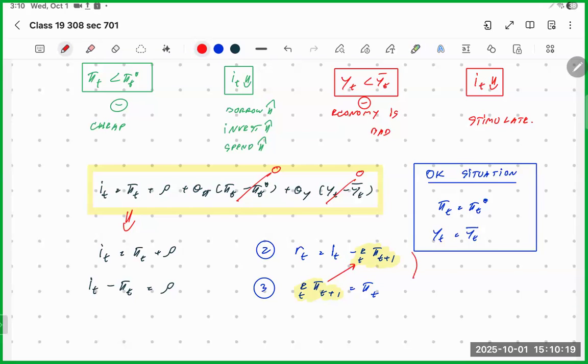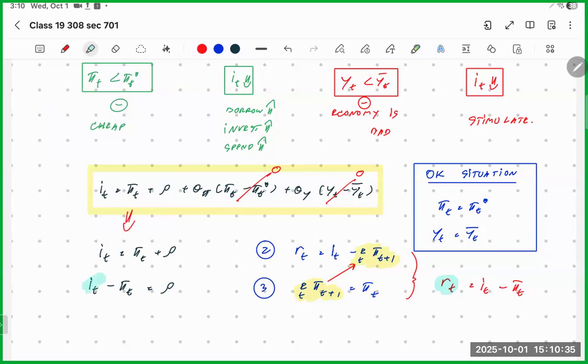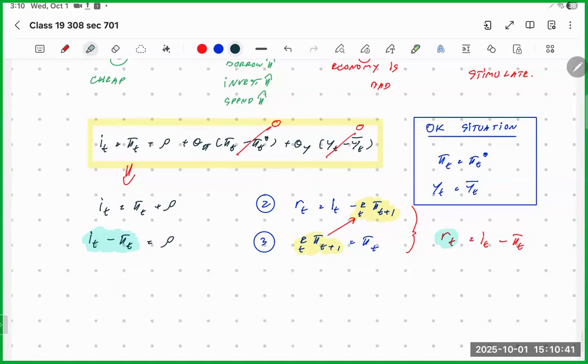By doing this, I'm going to get RT equal to IT minus pi t. And then you can see that IT minus pi t equal to RT, which is here on your left-hand side. I can combine the two equations together. In the end, I get RT equal to rho. This is what I want.